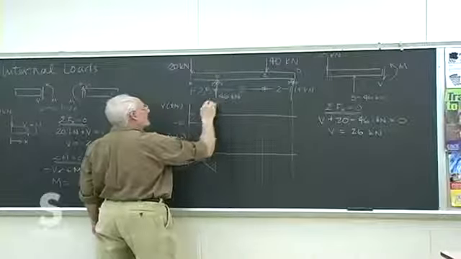Because of this moment arm here, that superstructure is going to cause some bending, some moment to be applied around that point. So we'll replace it with that, an applied moment of 10 kips times 2 feet, 20 kip feet.